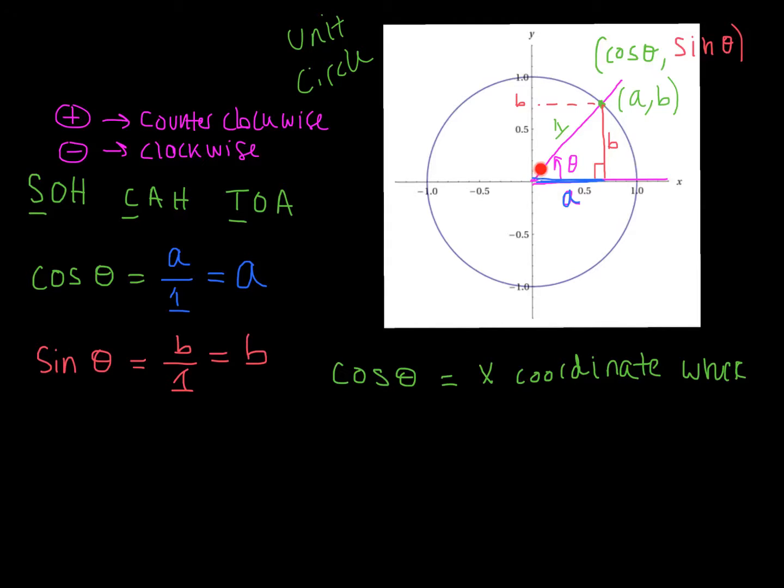I'm talking about where this ray, and so if I'm thinking about an angle, it started at the x axis and it rotated out here. So this is what's called the terminal side of the angle. These are two sides of the angle. This here is the terminal side. So the cosine of theta is the x-coordinate where the terminal side intersects the unit circle.